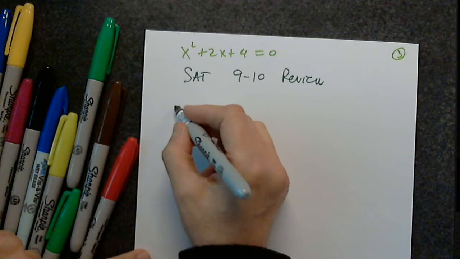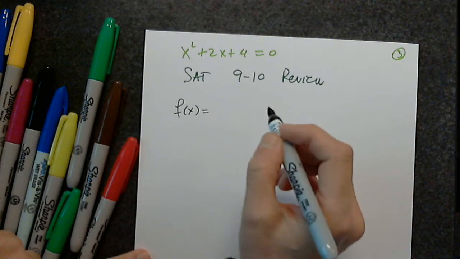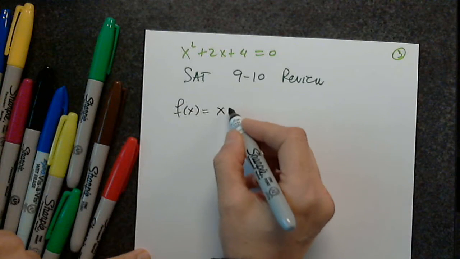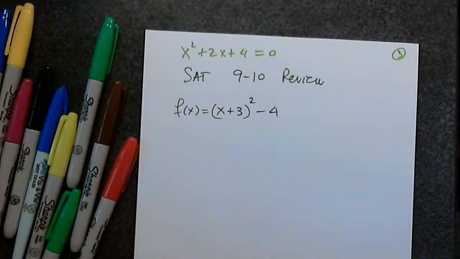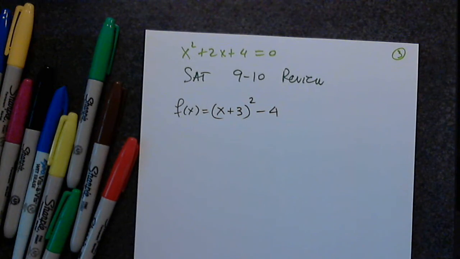Okay, so for example, if we have f of x equals (x plus 3) squared minus 4. So let's suppose we are given this function and we are asked to identify transformations and graph the function. Not only identify transformations, but graph the function.